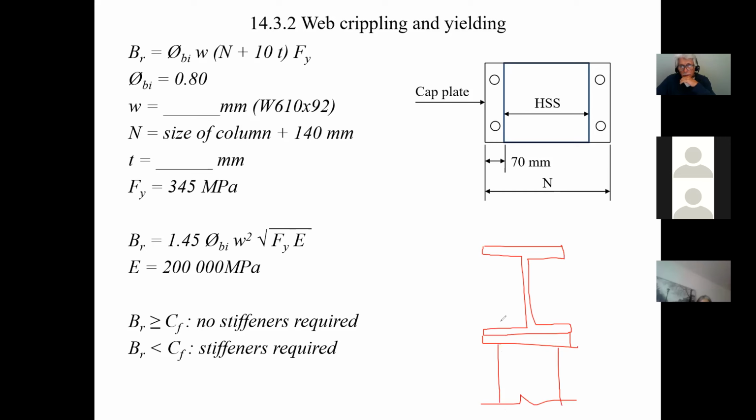Basically, what I need to do is stiffen. In other words, I have to put stiffeners here. That means I'm going to be putting plates on each side so that when I look at it in plan view, this is the web here, and here's a flange at the bottom.